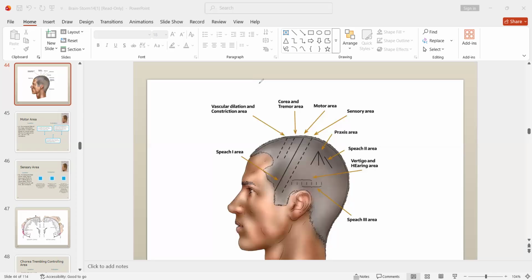Okay. Then speech area first is the 1/5 part of the motor area for the head and face area. Then speech area second is the back side, you see the urinary bladder 8 to 9.